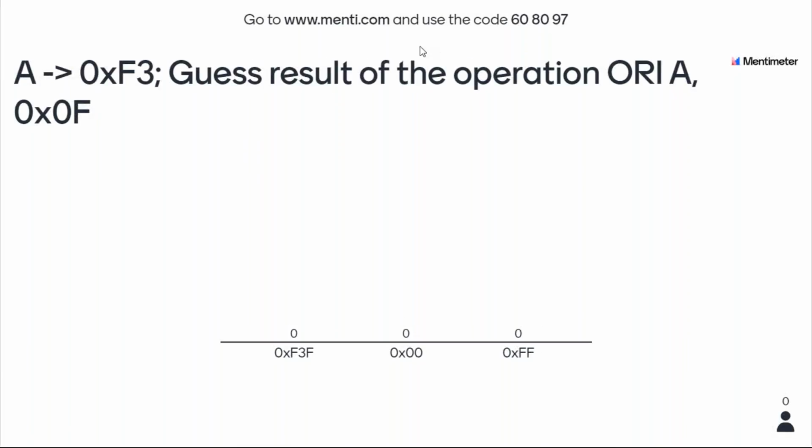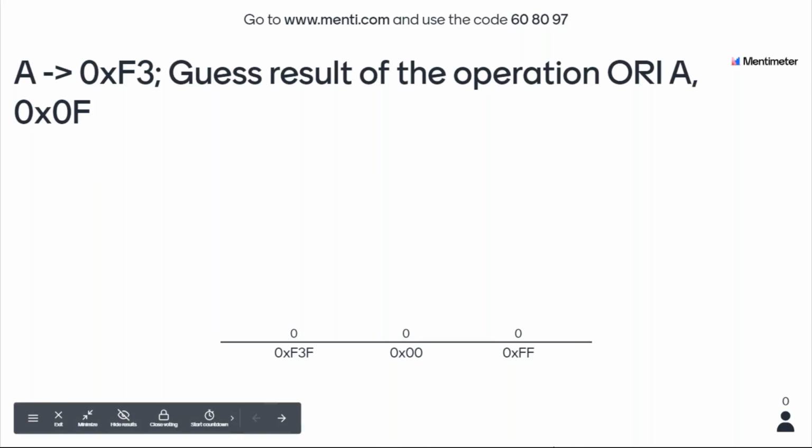So we'll answer this question first. This A is 0xF3. You do a bitwise OR of A with 0F. This is just a reinforcement of the previous concept which we studied. So we OR F3 with F and then answer this. If you can answer this quickly, then we can go to the next question.